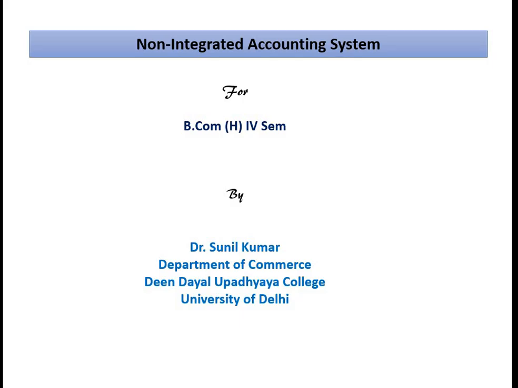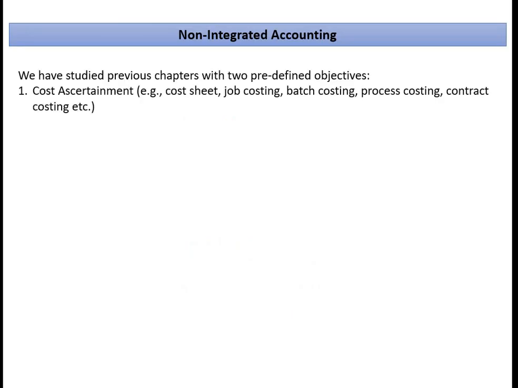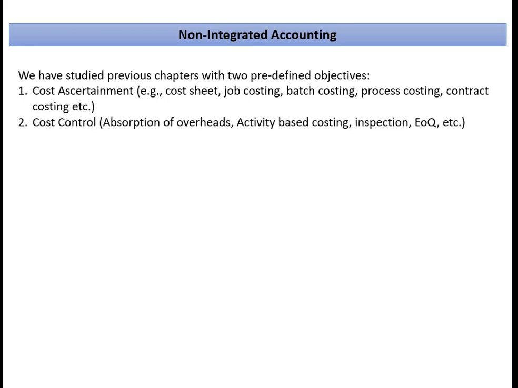You see, we have discussed the twin objectives of cost accounting since the beginning of our lectures on cost accounting. Number one is cost ascertainment and second is cost control. We have determined the cost of different units or services, and we have discussed this objective in different chapters, like cost sheet or unit costing, job costing, batch costing, process costing, contract costing.